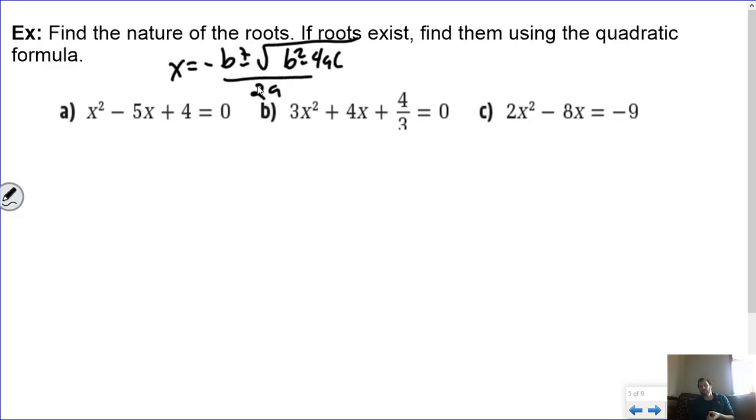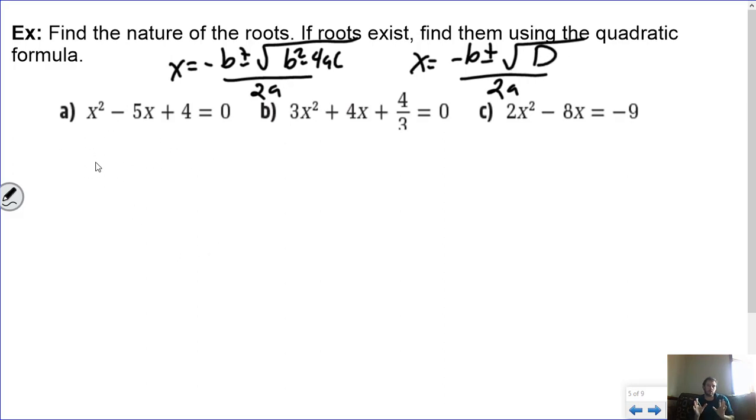It isn't extra work, because the nice thing is I could rewrite this formula and say x is equal to negative b plus or minus the square root of my discriminant over 2a. So if you do the work to find the discriminant and then you find, yeah, there is an answer or there's 2 answers, then I don't have to worry about redoing this step. I've already done my b squared minus 4ac. So I can just take that answer and plug it into my equation and then keep going from there.